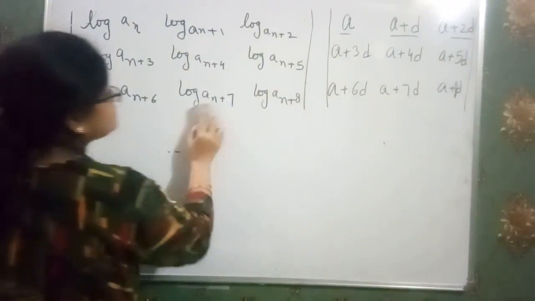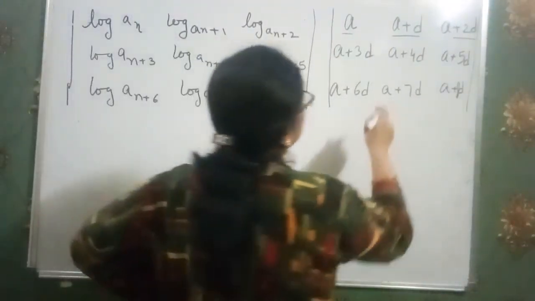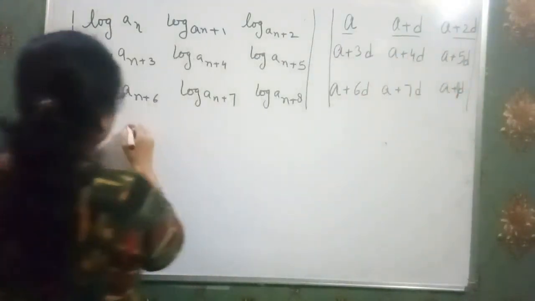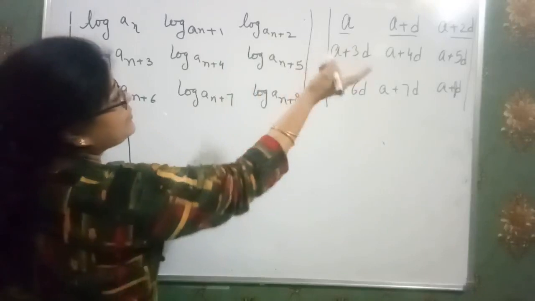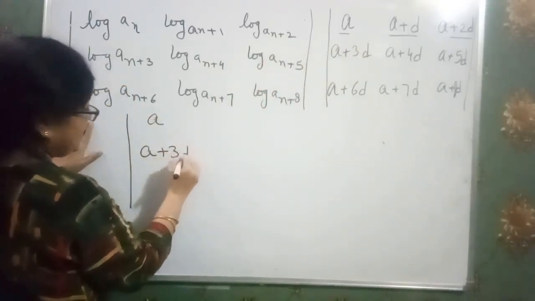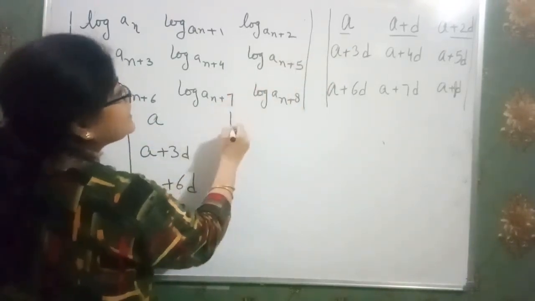I am just subtracting this from this and this from this. So I am subtracting the columns, a plus 3d and a plus 6d. When we subtract these two, we got d, here also d and here also d.